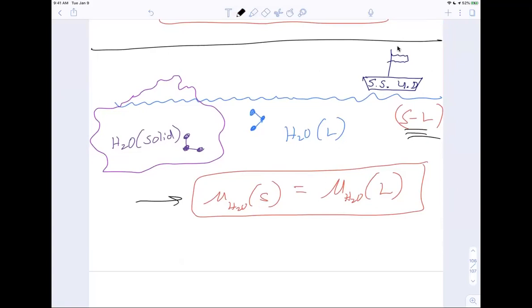And this is again at some combination of pressure and temperature, because we know that mu is the relevant thermodynamic potential that's associated with pressure and temperature being constant or being controlled. So if you're on the ocean in your boat and you're under constant pressure because of atmospheric pressure, and of course you can more or less accept the fact that the temperature will be constant, for all intents and purposes.